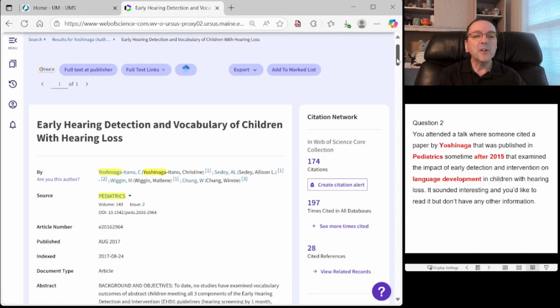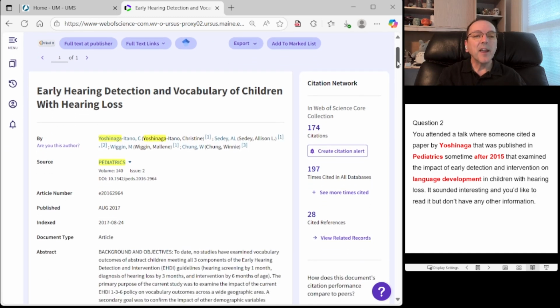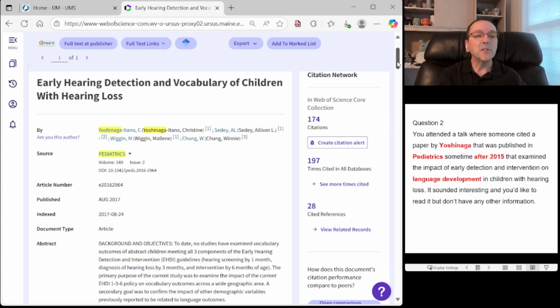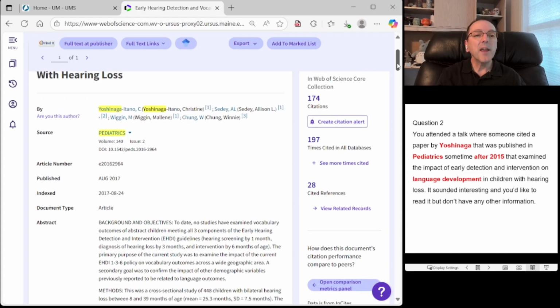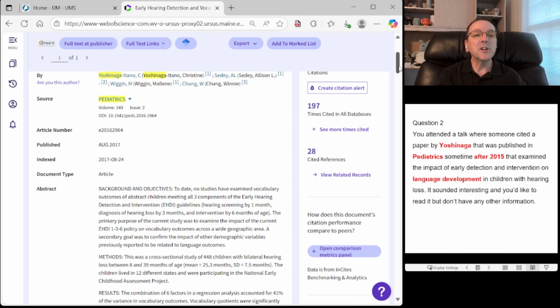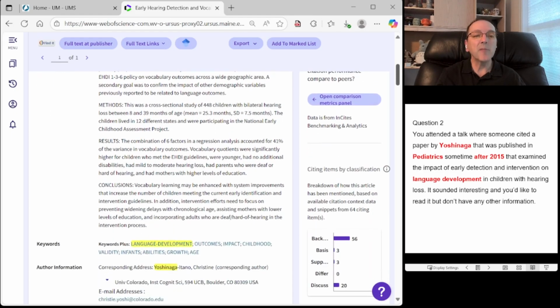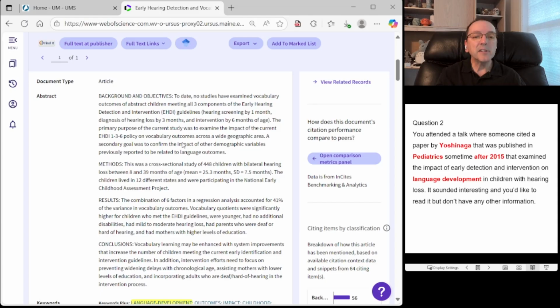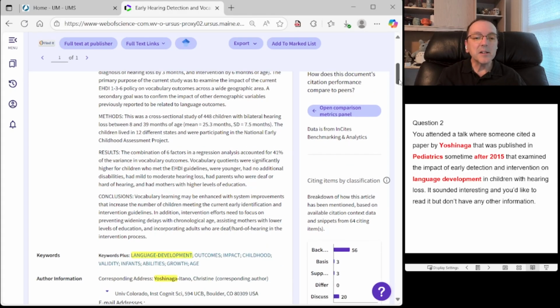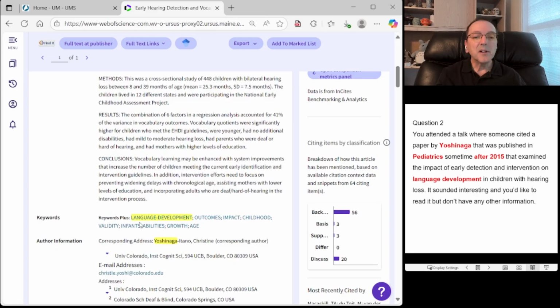And let's see, yeah, there's Yoshinaga. And Yoshinaga-Itano is her actual full name. Pediatrics is the journal. So that's what we like. Good. It's in 2017, so it fits our time frame. Notice the abstract doesn't have language development in it, but the keywords do. So that's where it's picking that up.